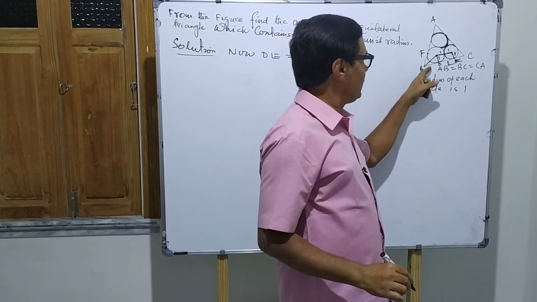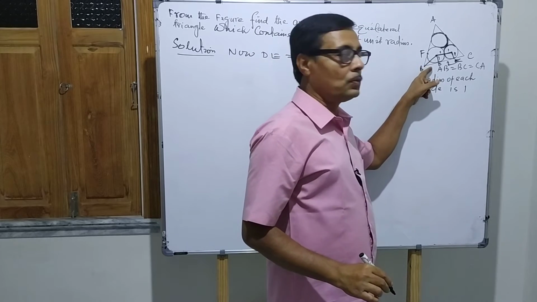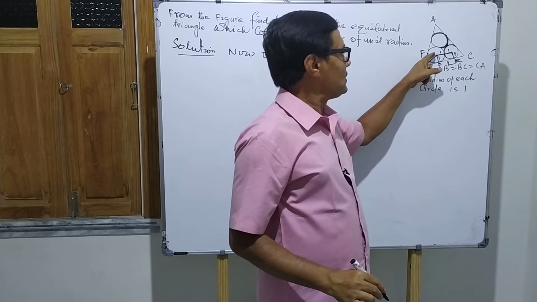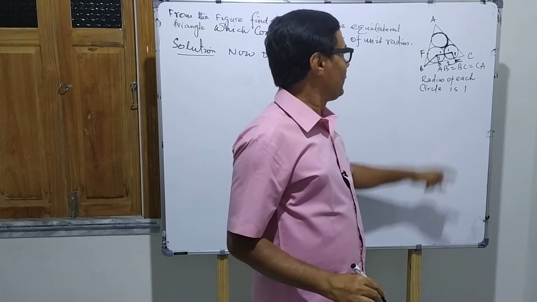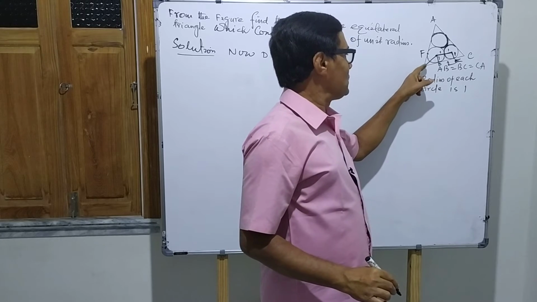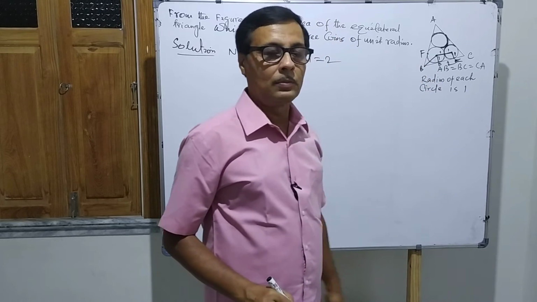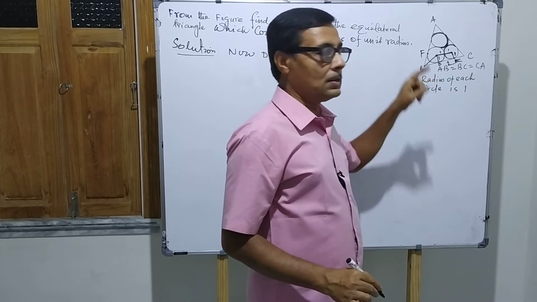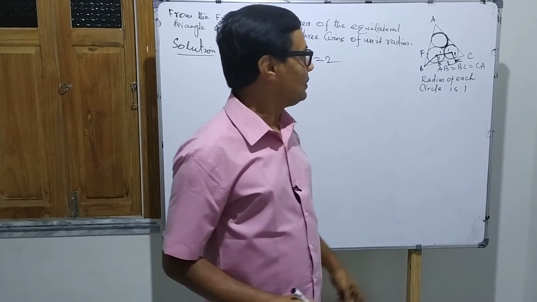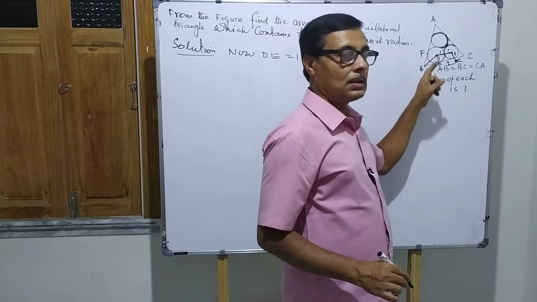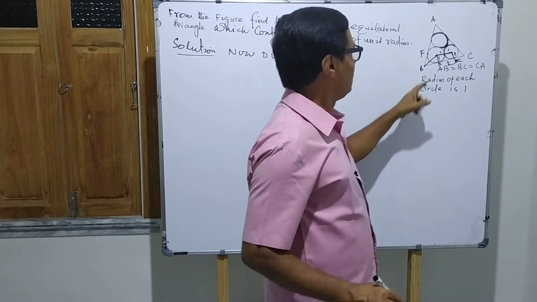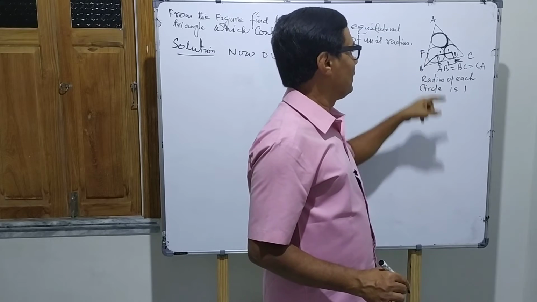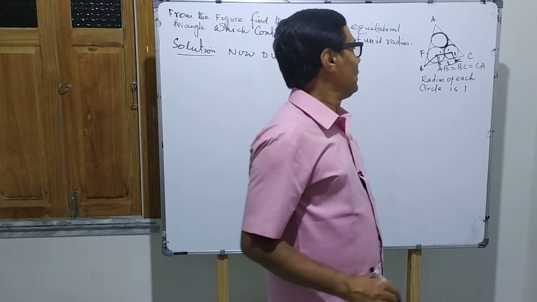You can notice that BD and BF are two tangents to the same circle, drawn from an external point of this circle. So the lengths of these two tangents are equal, and also this line segment bisects the angle ABC.